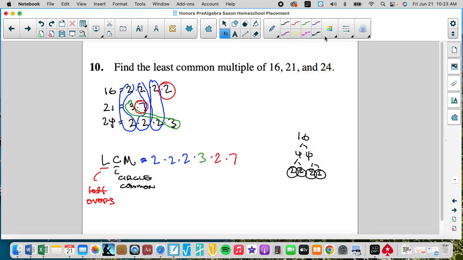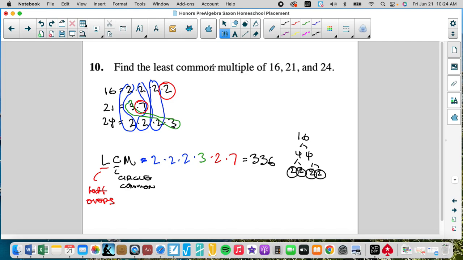It's a nice, efficient way, 100% certain on what my LCM is. So 2 times 2 times 2 is 8, times 3 is 24, times 2 is 48. 48 times 7 gives me 336.